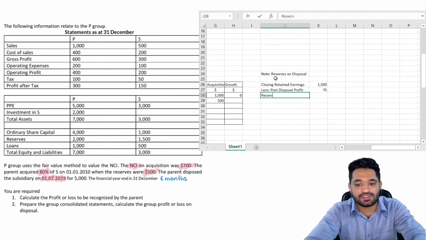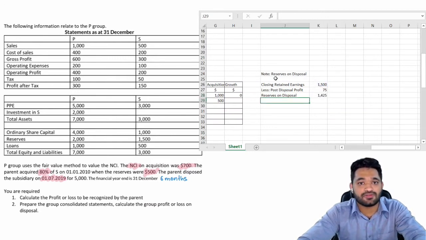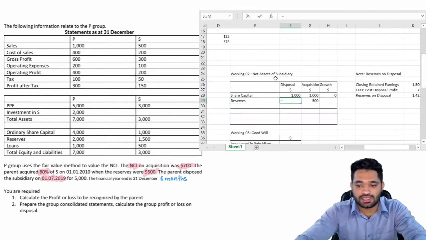So reserves on disposal would be 1500 minus 75, that's 1425. So your reserves on disposal would be 1425. So we look at a growth of 925 from our subsidiary.